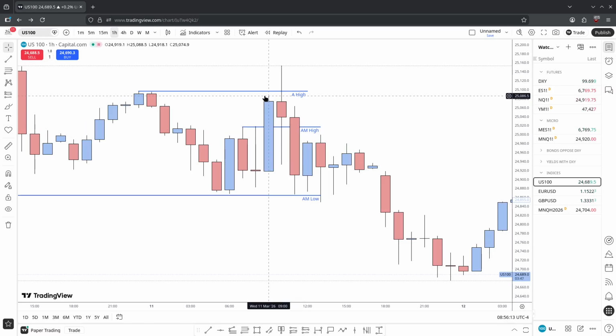So price did this. Do I now need to go down and start hunting? No, there's no hunting. You need to still wait. What does the next candle do? Do you get the closure back inside the range in the next candle? Or do we take the high? We reject the high and we get the bearish closure.